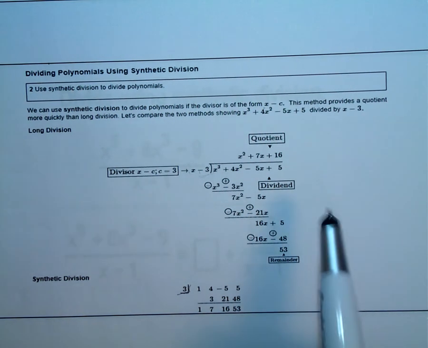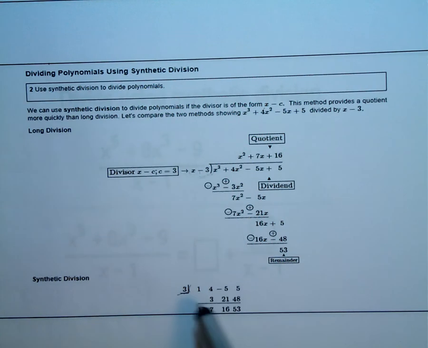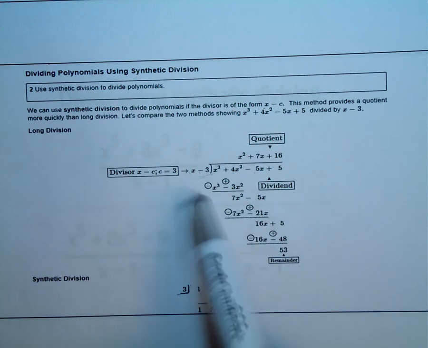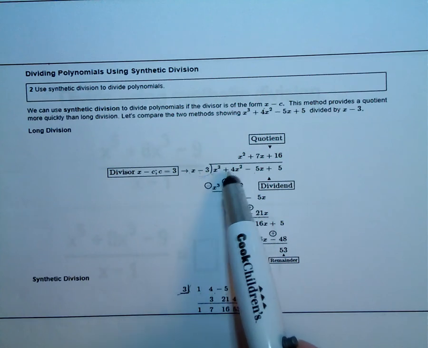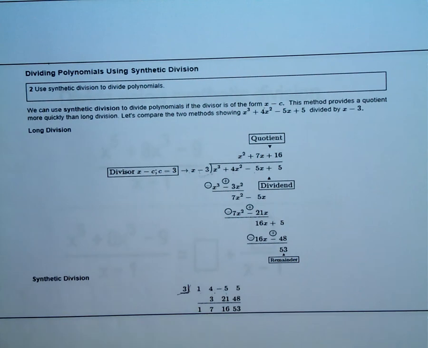And then they looked to see what were my terms, what are my coefficients on each term. So I had 1, so they wrote a 1, 4, negative 5, 5. So they wrote down the number for each one of my terms. Okay, and then they did synthetic division.